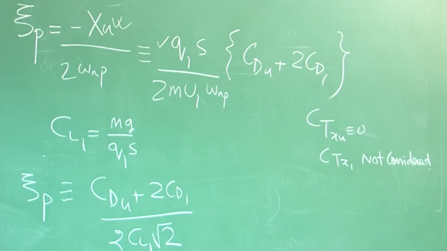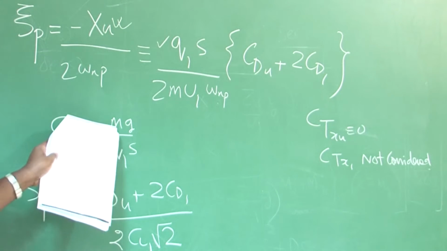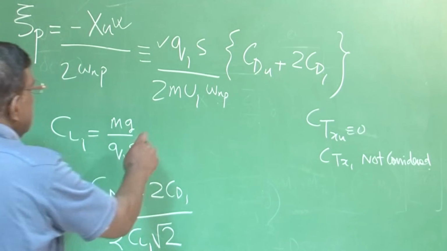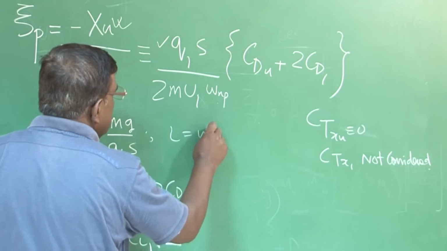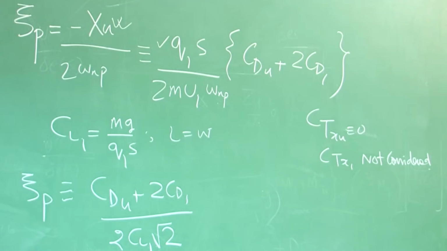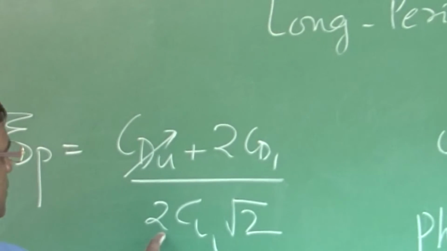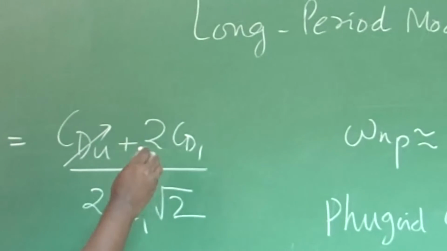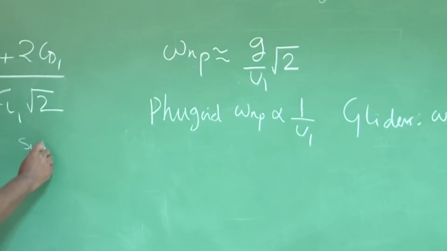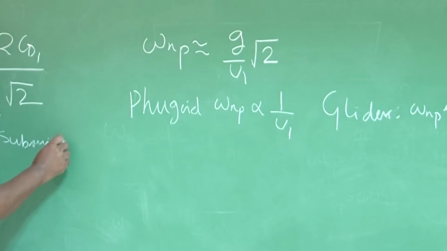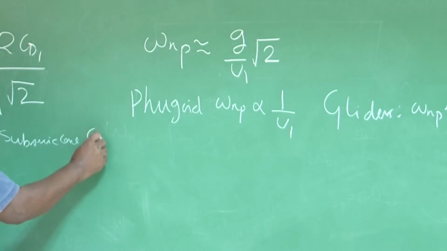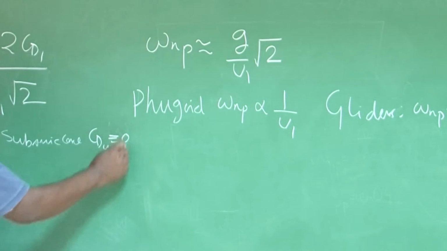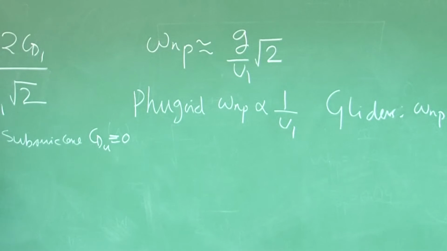We are aware CL1 is mg by q1s, because it has come from lift equal to weight at steady state at the cruise. So if I substitute this, then I get zeta p equal to CDU plus 2 CD1 by 2 CL1 root 2, and for the subsonic, low speed case, CDU can be approximately 0.